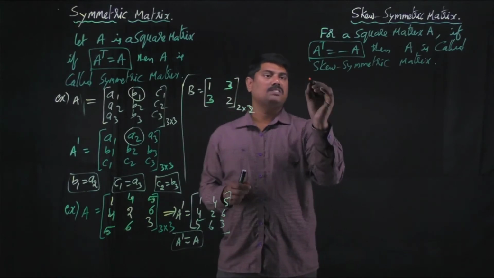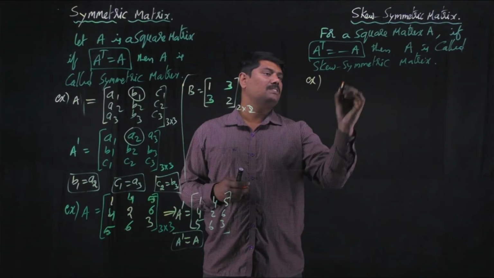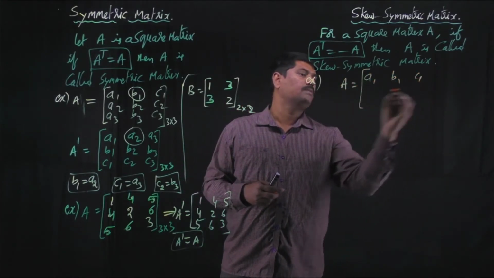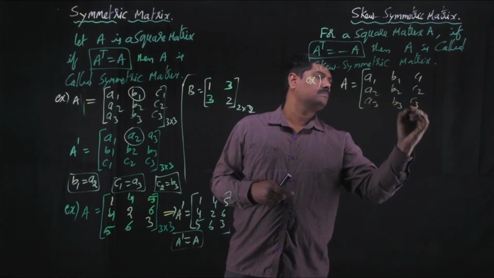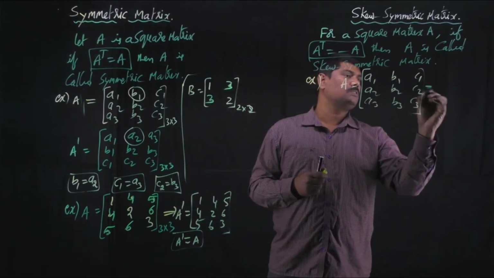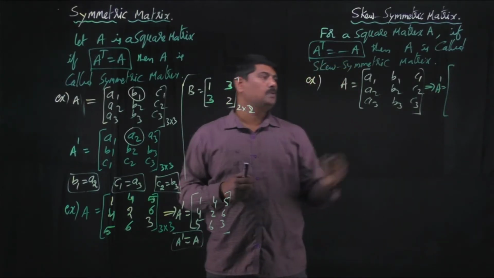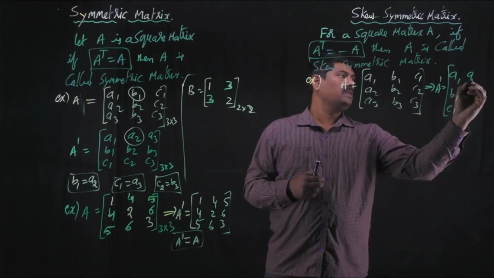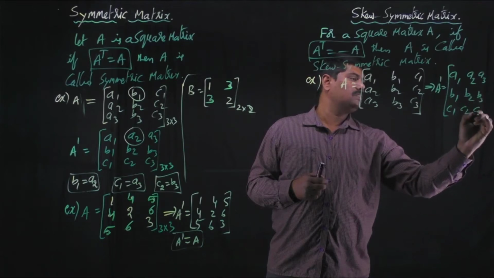Now let us discuss constructing an example of a skew symmetric matrix. Let us consider the example we already considered, with elements A1 B1 C1, A2 B2 C2, A3 B3 C3. This is A. Now what is its transpose? A1 B1 C1 as the first column, A2 B2 C2 as the second column, A3 B3 C3 as the third column.